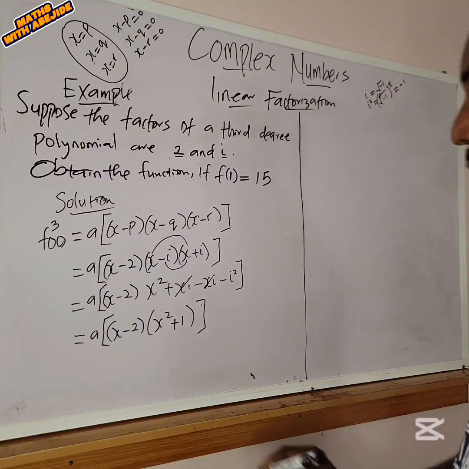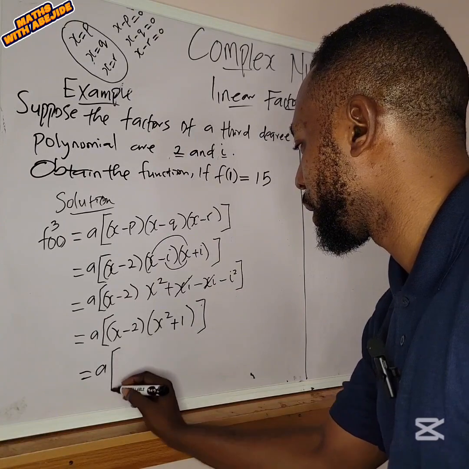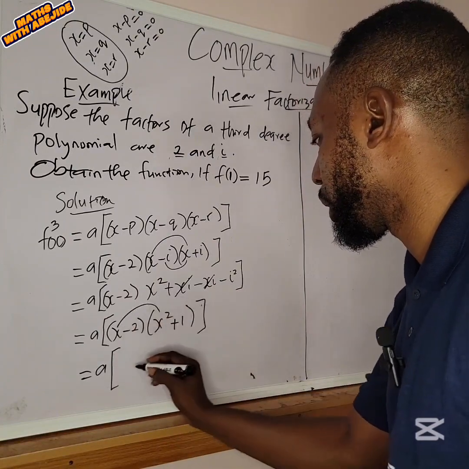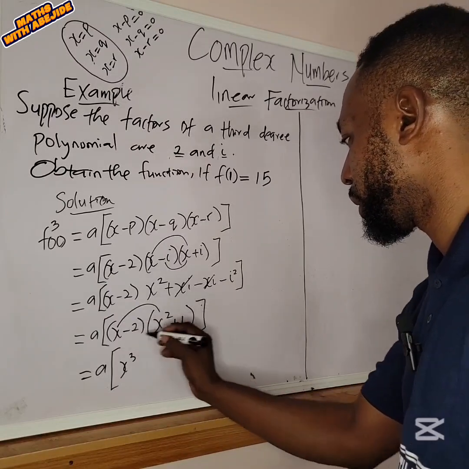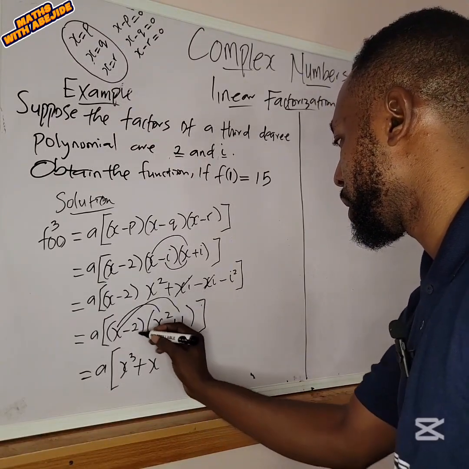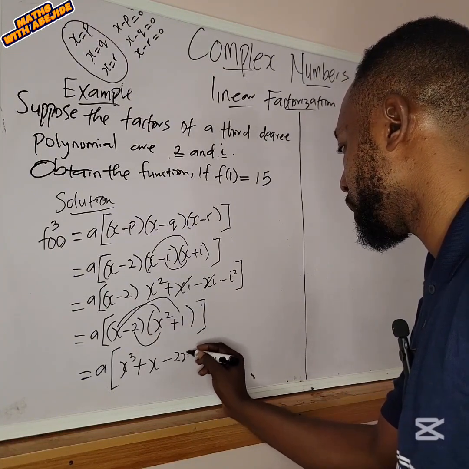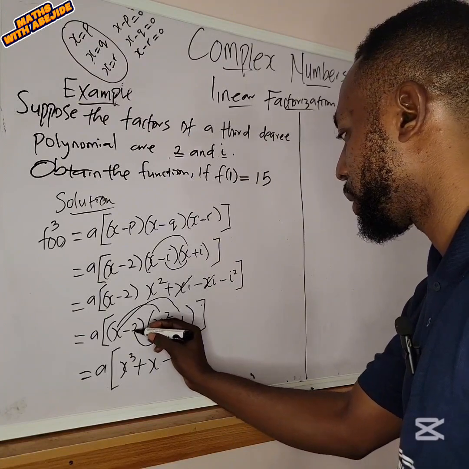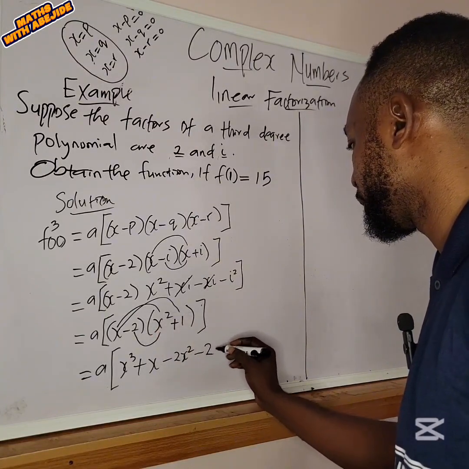Then you can still expand further. That is a, this will go for this, we have x cubed, right? Then this will go for this, plus x minus 2 and x, that's minus 2x squared, then minus 2 and 1, that's minus 2, right?